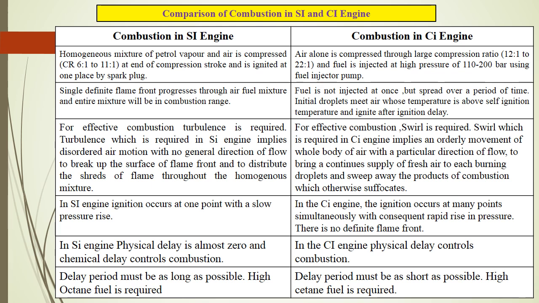Fuel is not injected at once, but spread over a period of time. As we know, the start of injection is at point A in the indicator diagram, and the injection period ends after TDC, during the controlled combustion phase.